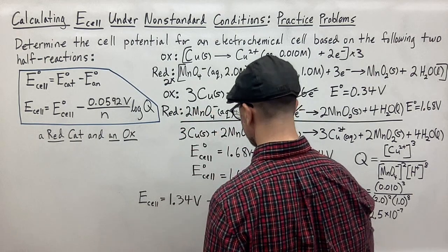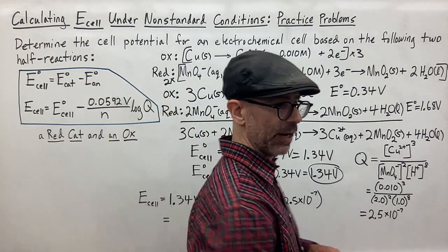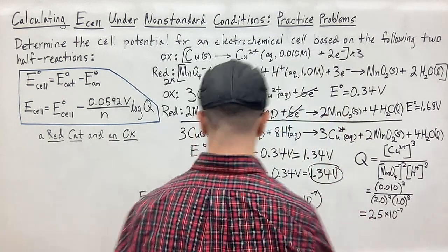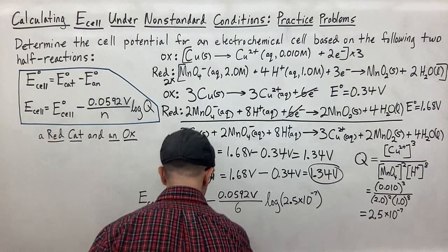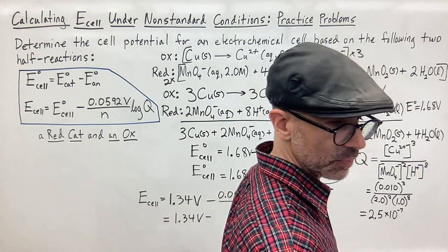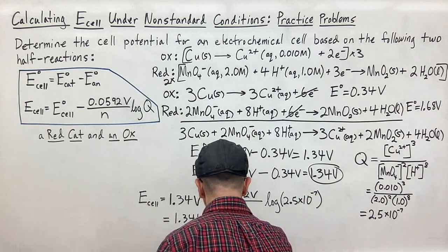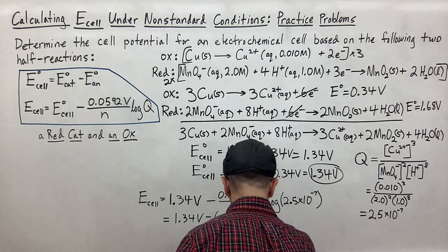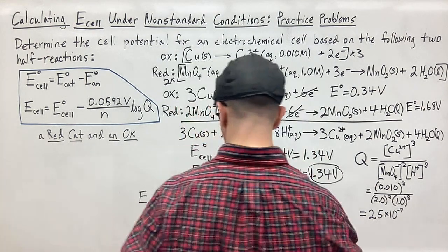Now all I need to do is calculate this on my calculator. When I do, I get 1.34 volts minus negative 0.065 volts.